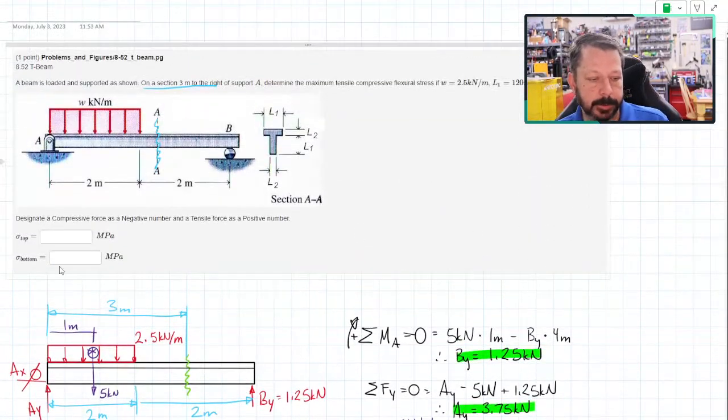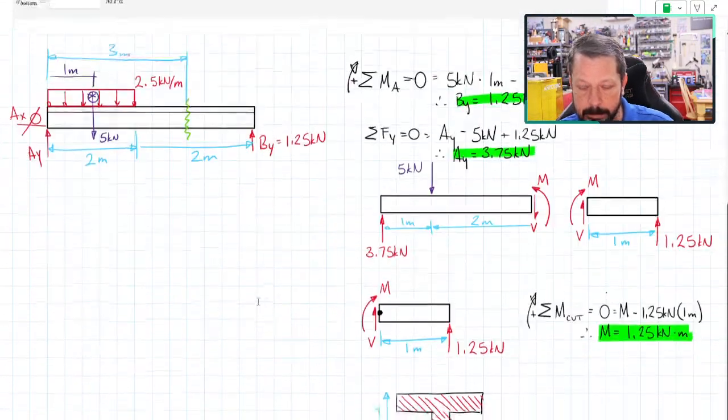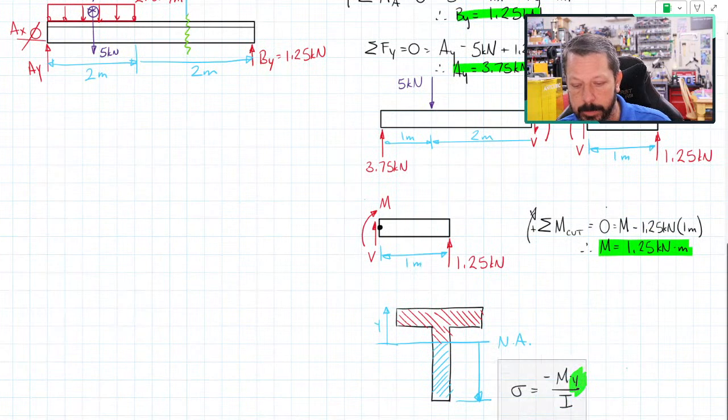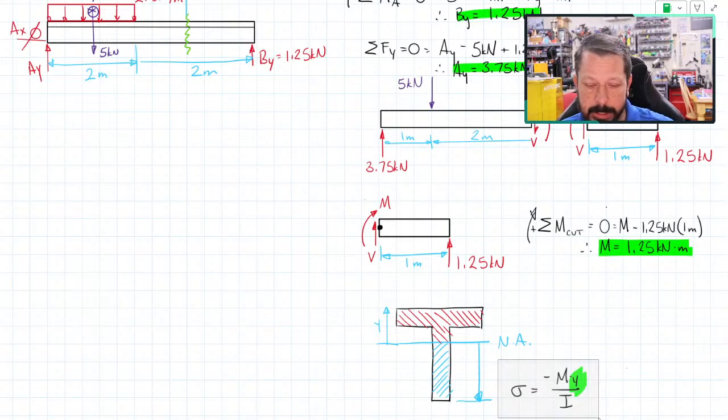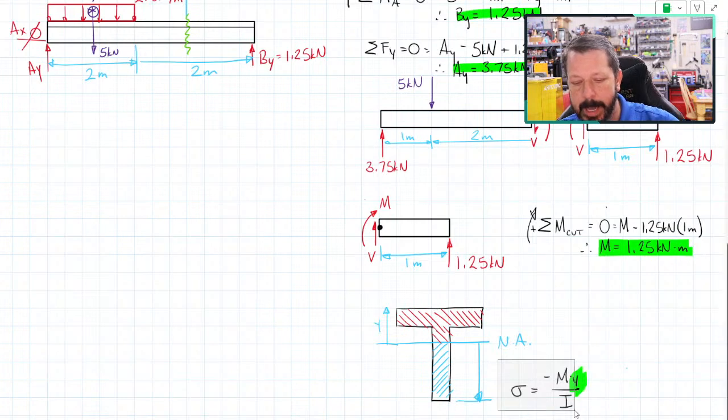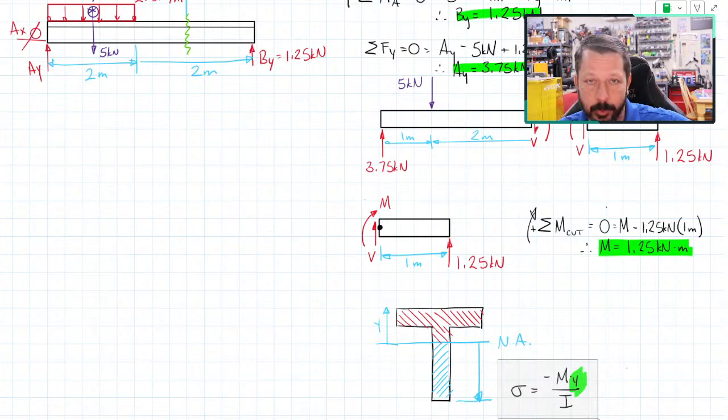Now, it actually wants the stress, so we'd have to plug M into our equation down here. We'd have to get y from the cross-section of the beam, which means we have to find the centroid of the beam. We can do all of that part, but the moment of inertia for that T-shape, this is not a standard T-shape that we would go look in our charts, WT 4 by whatever.